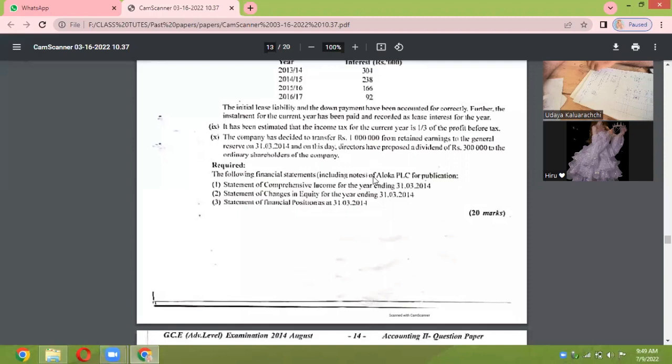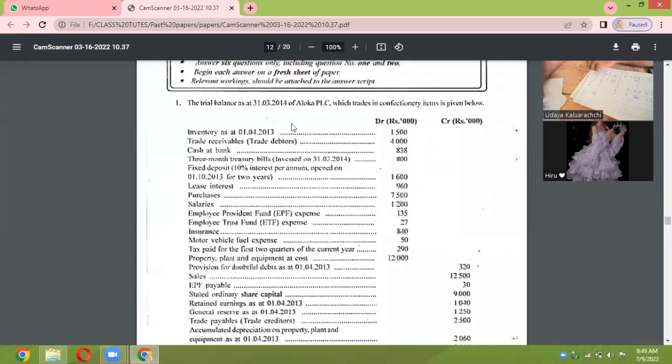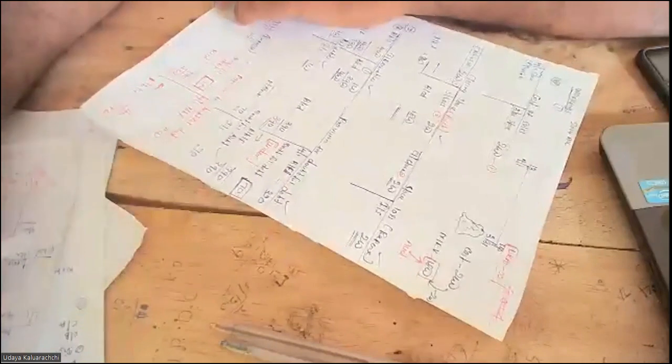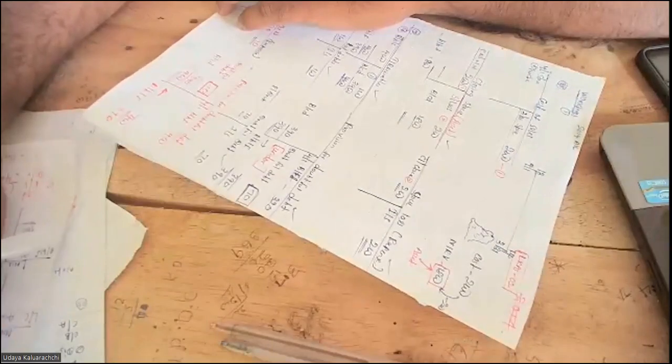We have the items in the trial balance. Now inventory, opening inventory. In cost of sales account, 1,500.